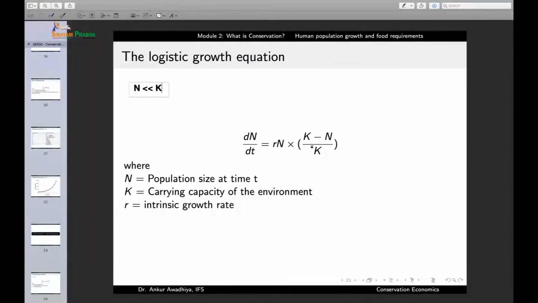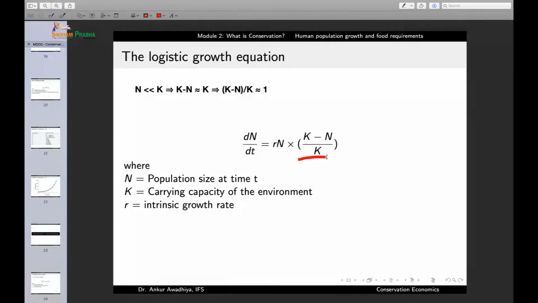So you have 2, which is very much less than K. In that case, K minus N is approximately equal to K, because N is very much less than K, which means that (K minus N) divided by K is approximately equal to 1.